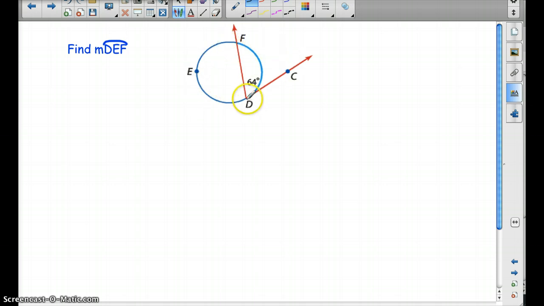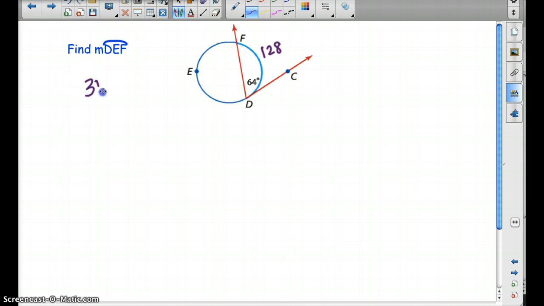Here's another example in which we have to find the arc of DEF. We can go ahead and find the arc DF right here. Pause the video and write this example down. We did this in class on the worksheets and we had some troubles with it. So DF is going to be 128. Now we have to figure out what this piece is right here.